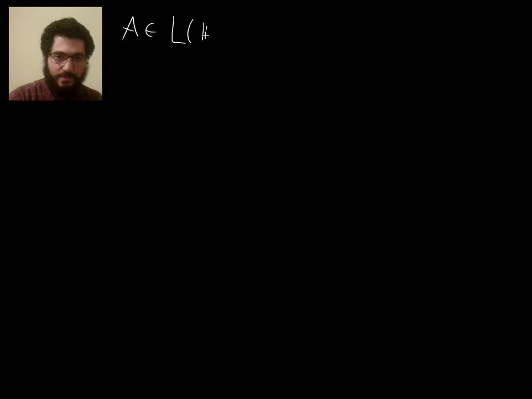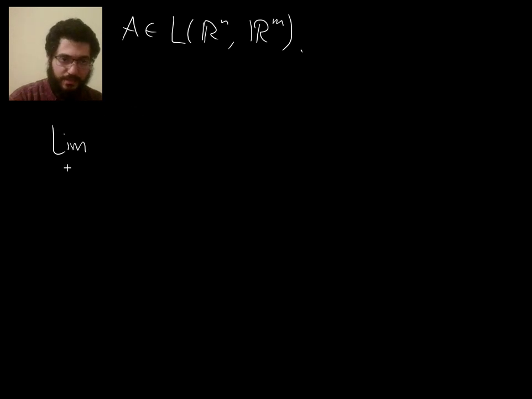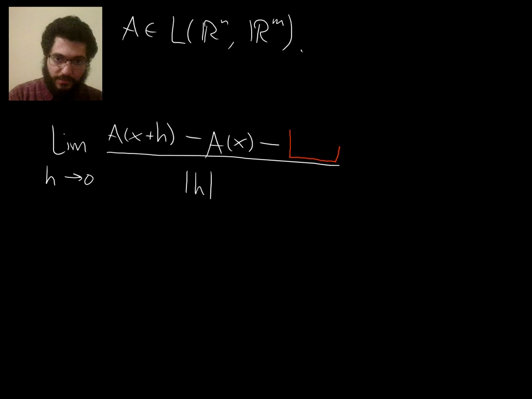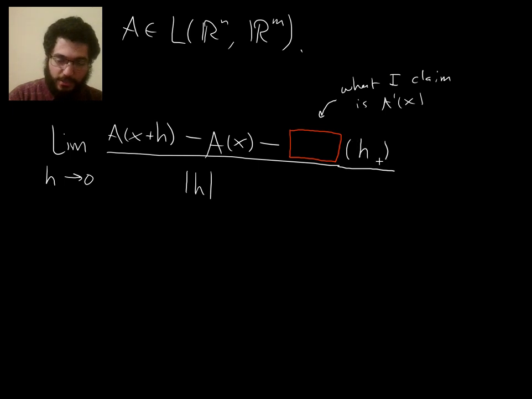So here we have A, a linear map. Then let's look at the limit as h goes to 0 of A(x plus h) minus A(x) minus, and then whatever I put in this box, whatever I put in this red box is what I claim is going to be the derivative, so this will be what I claim is A prime x, and then that linear map I'm going to feed into it h, and I should get 0.